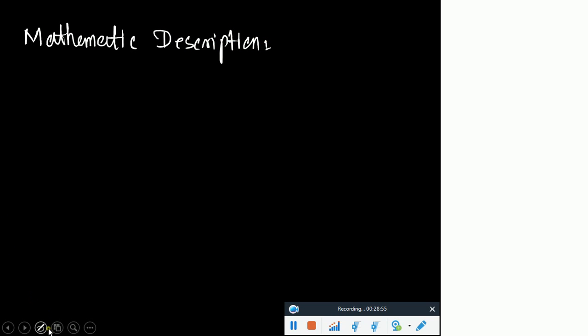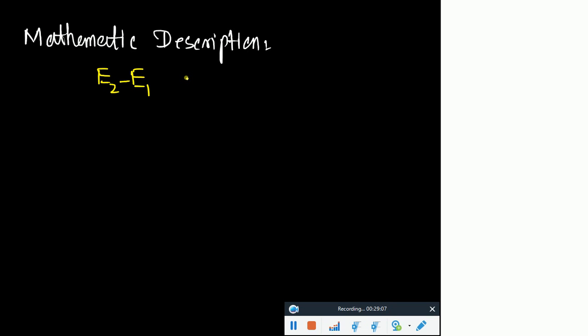done? Okay. How do you mathematically describe this law? The mathematical description of this law is E2 minus E1, the energy content at level 2 minus the energy content at level 1.